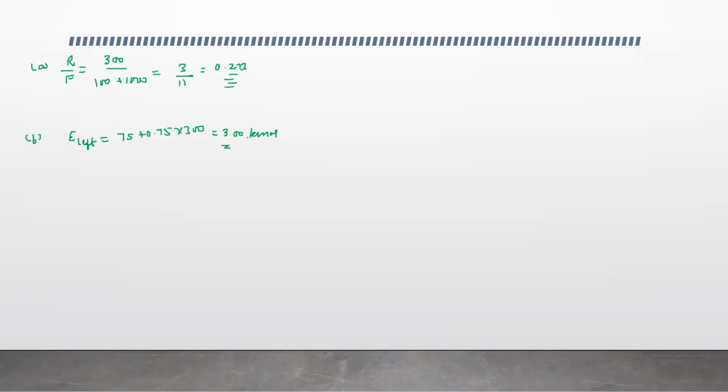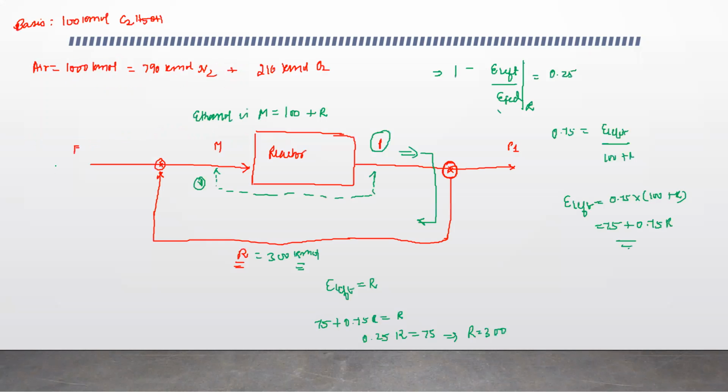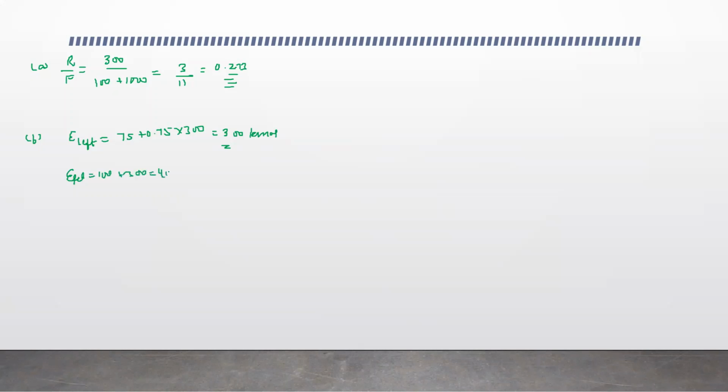Ethanol fed to the reactor is 100 plus R, that is 100 plus 300, that is 400 kilomole. This implies ethanol reacted, ethanol fed minus ethanol left, is 100 kilomole. This is the ethanol that has reacted.